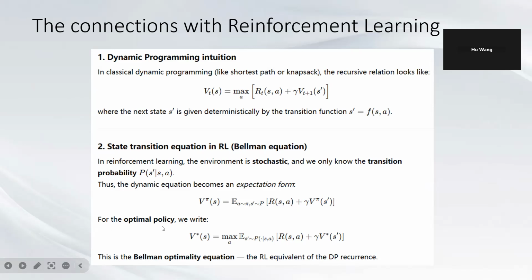For the optimal policy, we have the Bellman optimality equation here, which is used for value function iteration in Q-learning, right? So if you compare them, they have the same format, and are actually based on the same idea: we decompose the big problem into smaller problems, and we ensure the small problems are solved. For example, the future has this maximum reward, then we can safely build the current state solutions on that. So this is the connection with reinforcement learning.